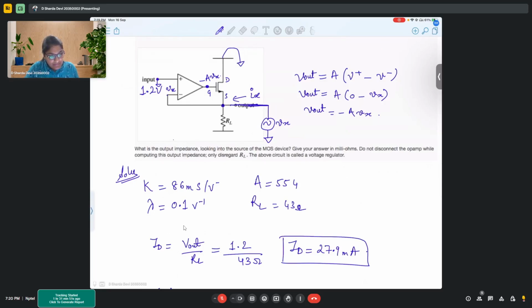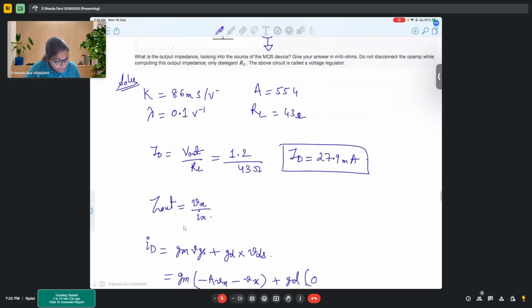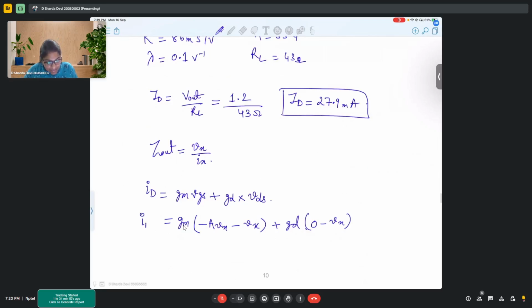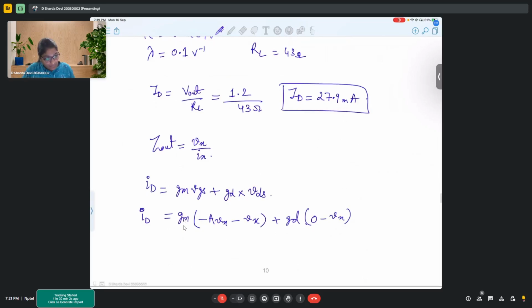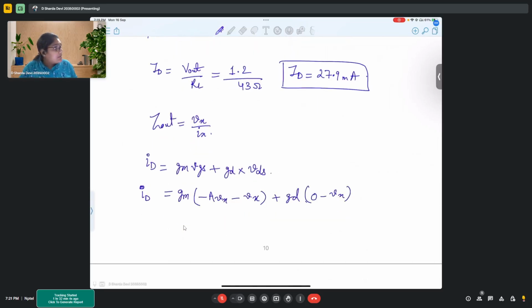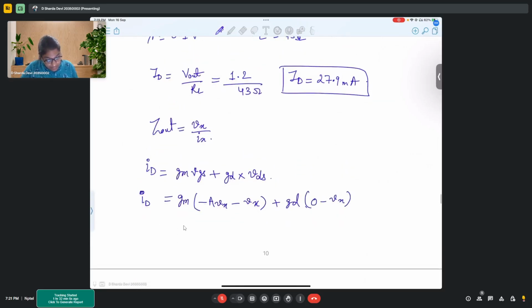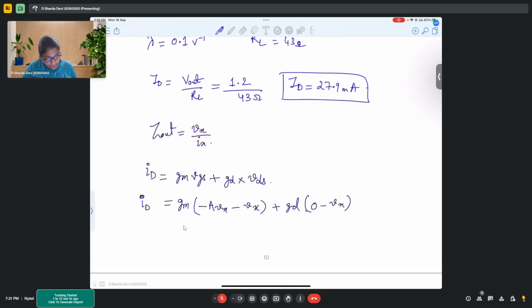VD is 0 minus Vx. So small id becomes like this.